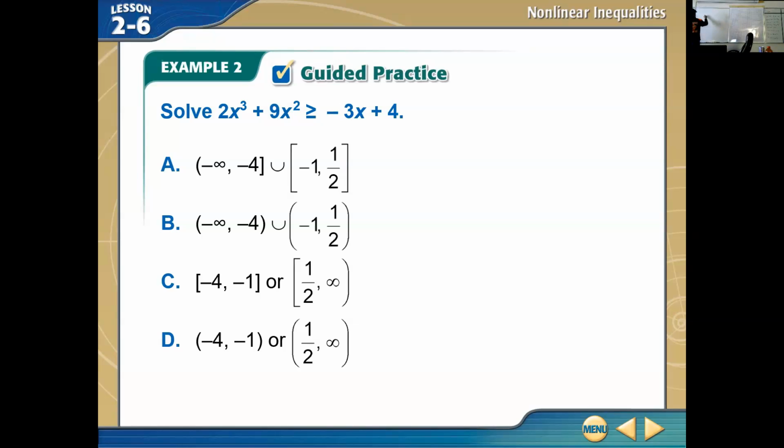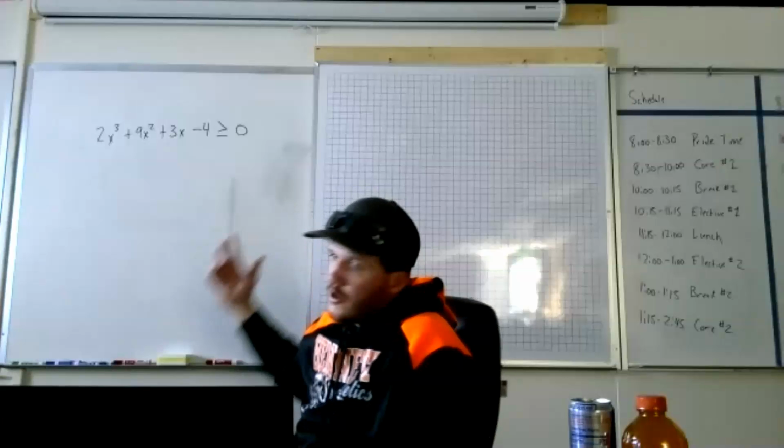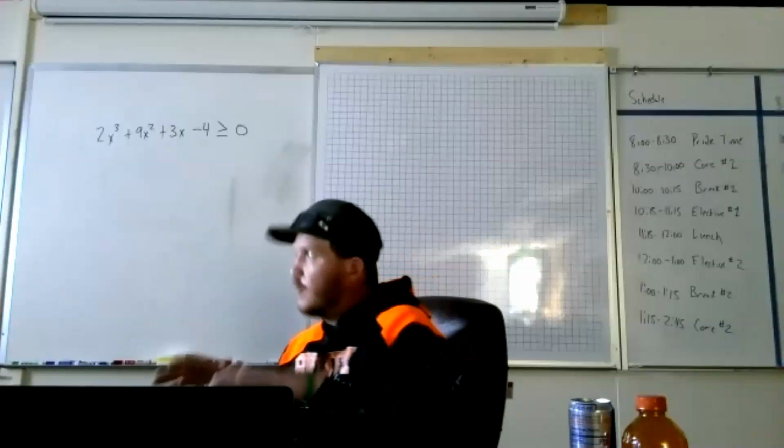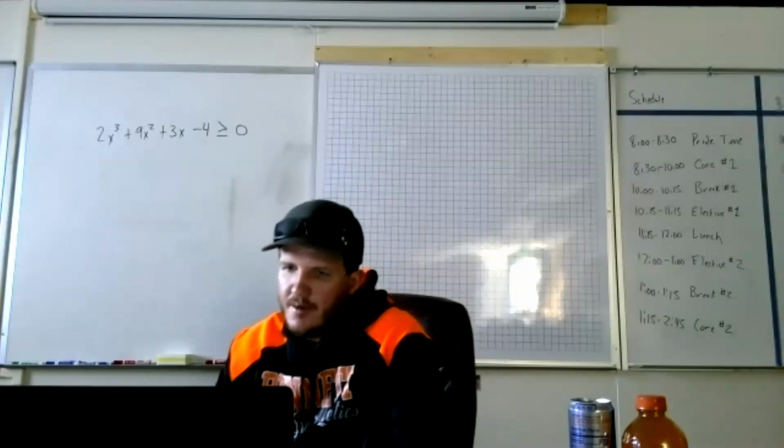So I'm going to be left with 2x cubed plus 9x squared plus 3x, because it's a negative on the right, minus 4, greater than or equal to 0. So that's the polynomial I'm going to be working with, after I've shifted everything over.